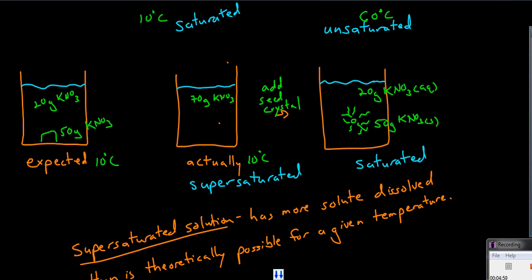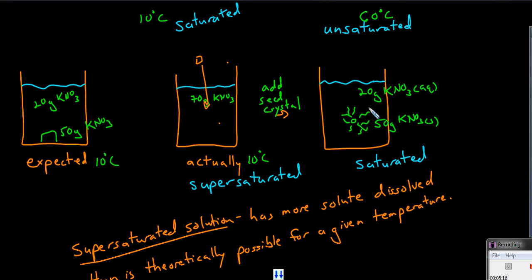When you drop that seed crystal in, there is a solid on which the potassium nitrate can build, and it will build a crystal quite rapidly and take us back to a saturated solution, where we have 50 grams at the bottom and only 20 grams dissolved at 10 degrees Celsius.